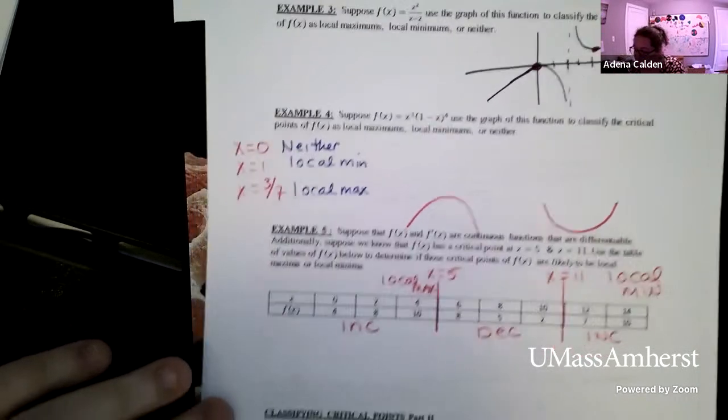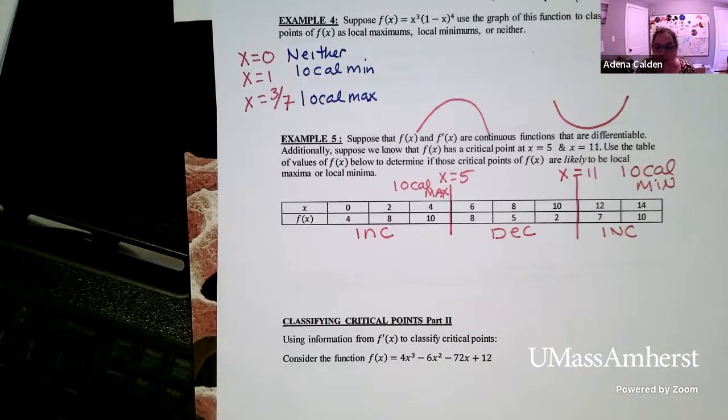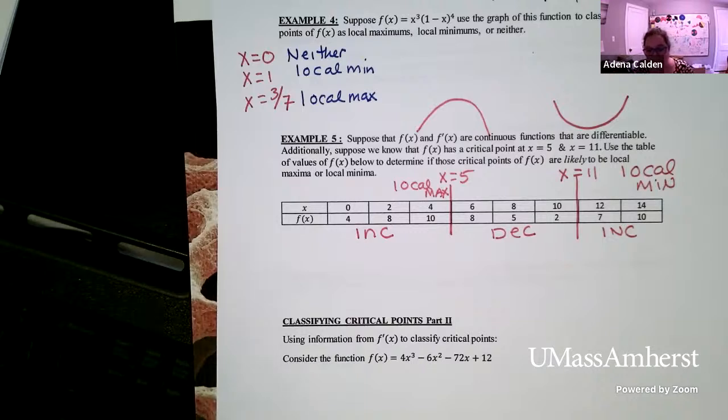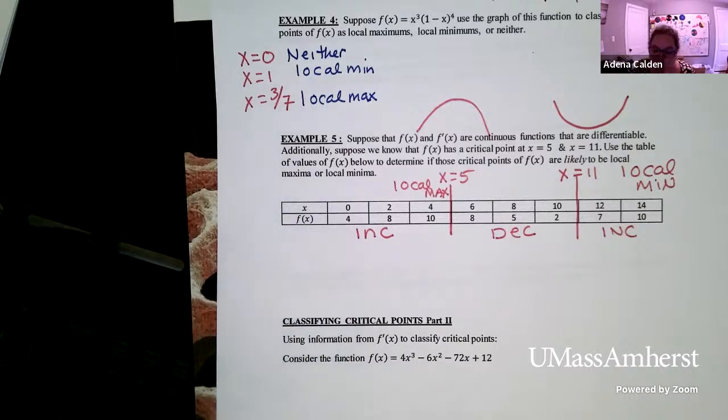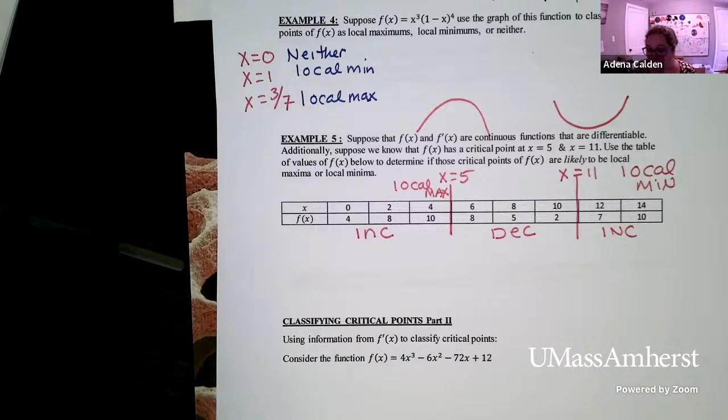So let's go back to our example here. We have 4x cubed minus 6x squared minus 72x plus 12. This was the first example we did under classifying critical points part 1. What we do when we find critical points is we find the first derivative.